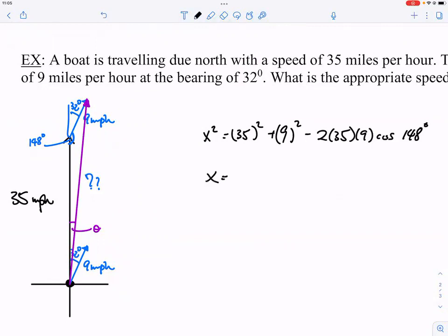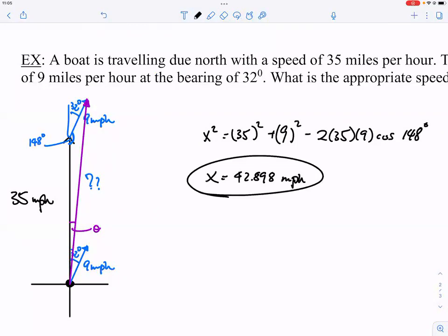And then we can find out our x. 35 squared plus 9 squared minus 2 times 35 times 9 times cosine of 148, and then square root that. So you would have a total of 42.898 miles per hour, which makes some sense because you have a wind that's pushing you further.